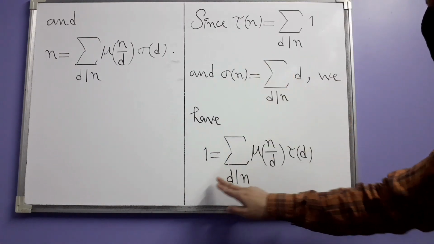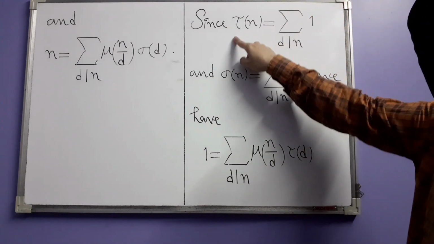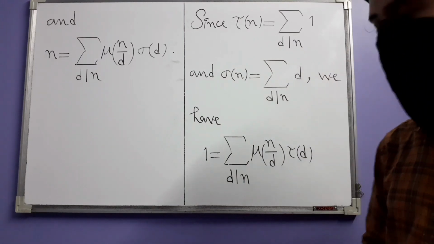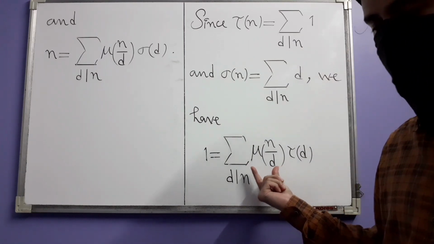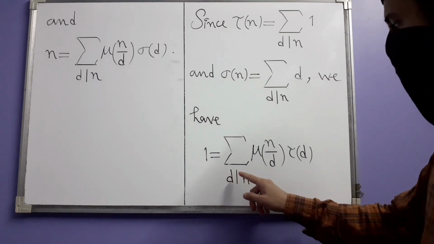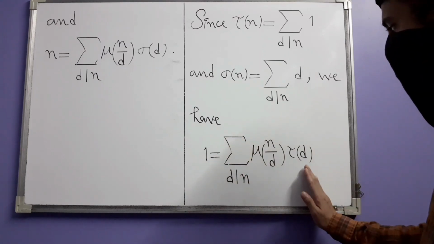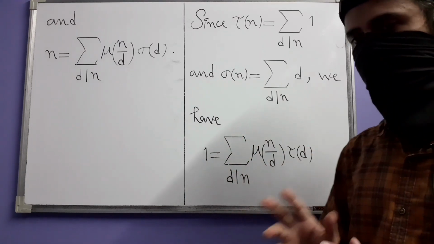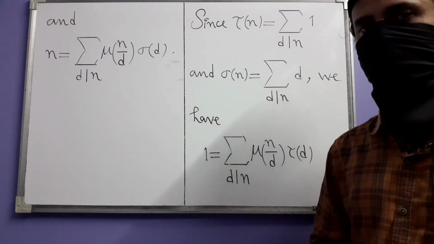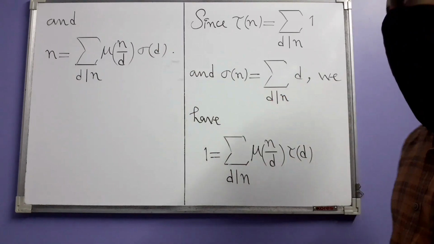The first equation gives us this: the constant function takes the place of tau, and tau takes the place of 1. And of course, to adjust things, we also have mu involved here. So in this very strange way, the right hand side, no matter what n is and what its positive divisors are, is always equal to 1. And from this second one, we get that.